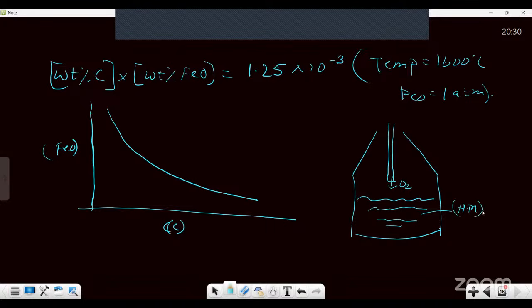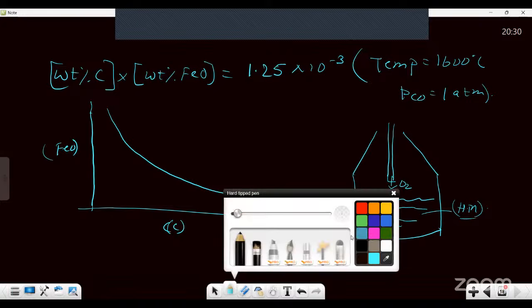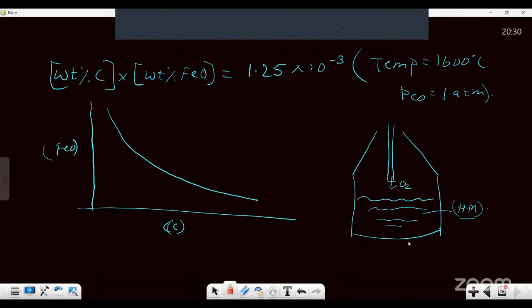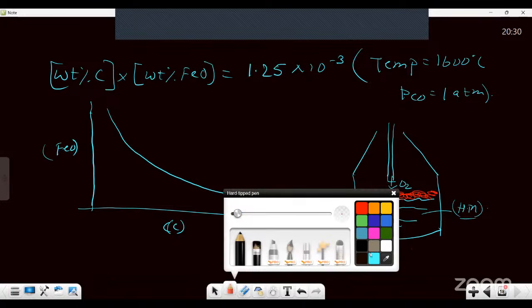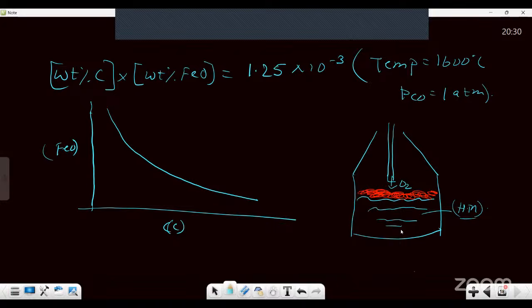And inside the hot metal, iron is there. So if oxygen now comes, iron will pick up the oxygen and get converted to FeO. Once the iron is converted to FeO, the FeO will go into the slag. FeO will not stay in the hot metal. Now, with more and more blowing of oxygen, my FeO content is also increasing.